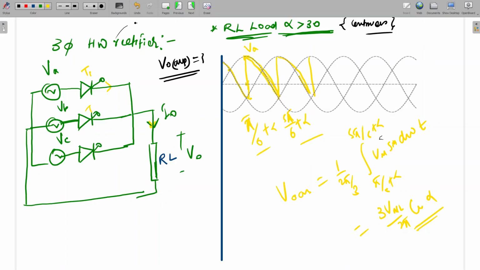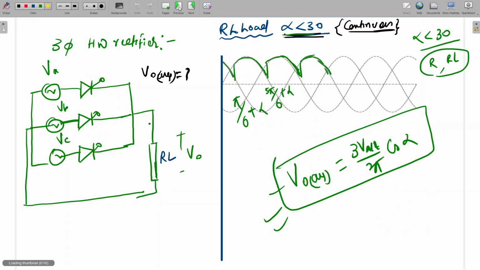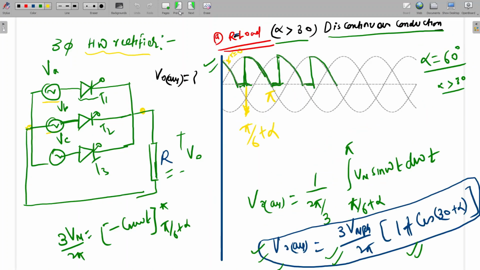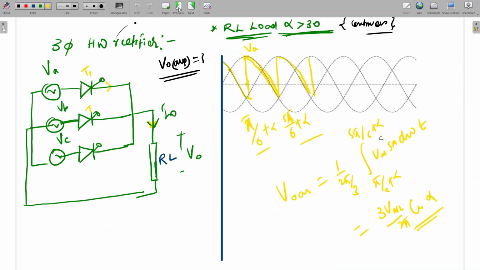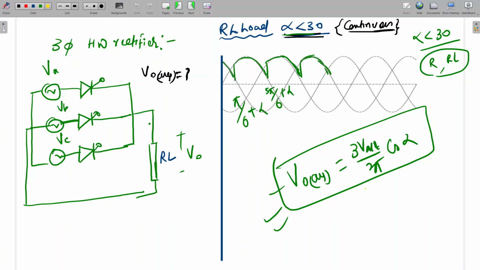This will be the same for RL load also. Only where we are getting different is in case of resistive load with alpha greater than 30 degree, we are getting this formula, and for other cases we are getting this 3 VmL upon 2 pi cos alpha. Is it clear?